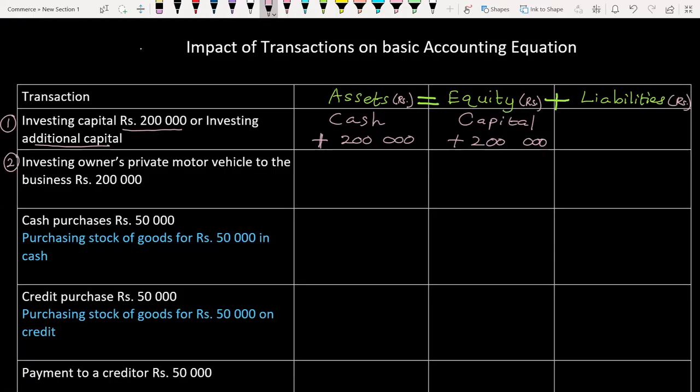Now I'm moving to the second transaction. It says invest in owner's private motor vehicle to the business rupees 200,000. Now we know that capital is the owner's private cash or maybe the owner's private property invested to the business. So this can be in terms of cash or in terms of a property like a motor vehicle, maybe a land, maybe a machine, any property.